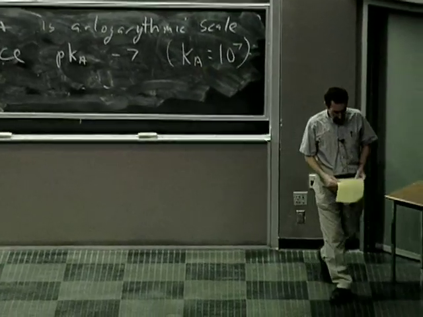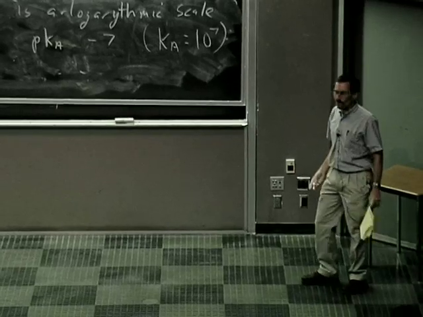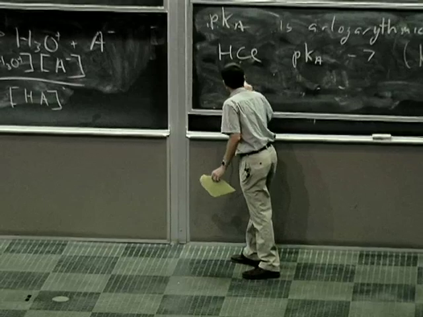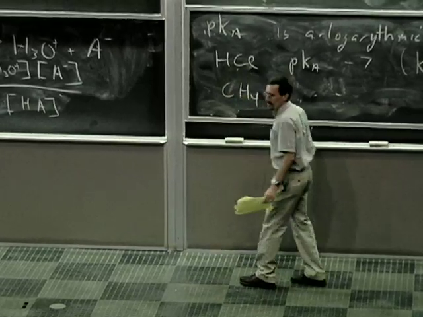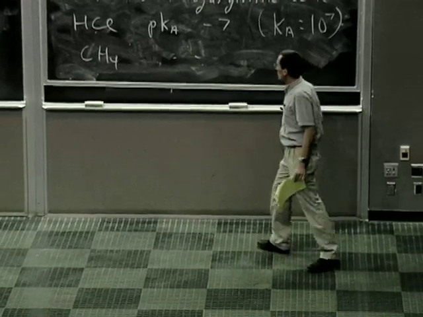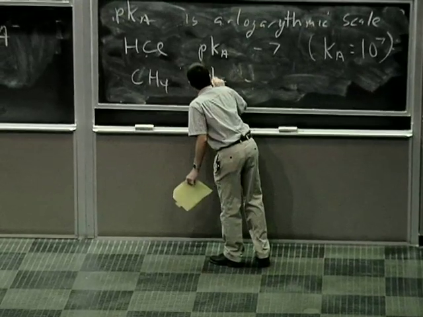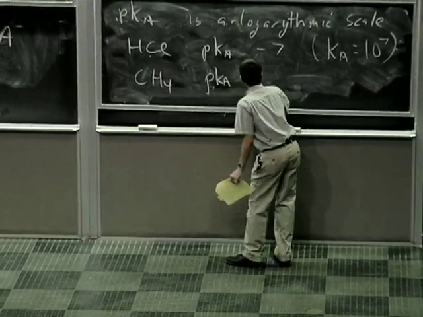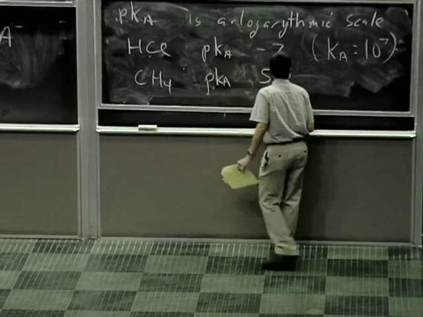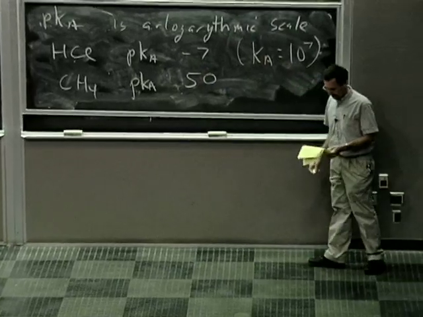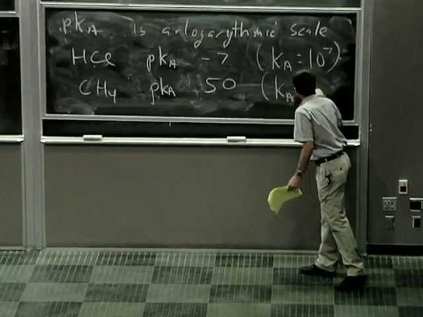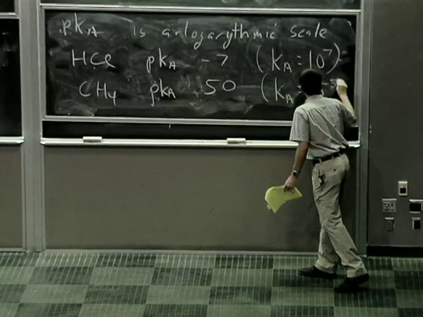At the other end of the scale, the weakest acid, and I'll use that term very loosely, that you would ever see would be something like methane or another alkane. The pKa of methane is positive 50. Ka equals 10 to the negative 50.